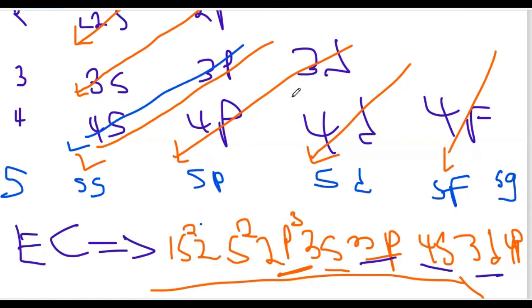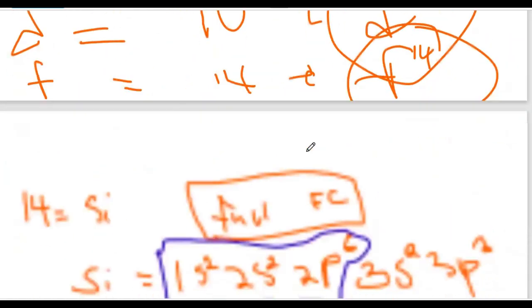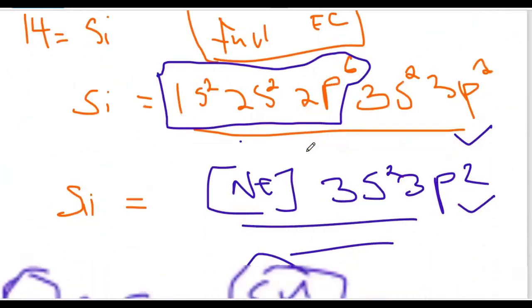After 3d, you go to 4p. After 4p, you go back to 5s. Then after 5s, you go to 4d, then 5p, just like that. So we ended on 3d, we go to 4p, then 5s, then 4d again, then 5p. I don't know if we've done the correct thing there.